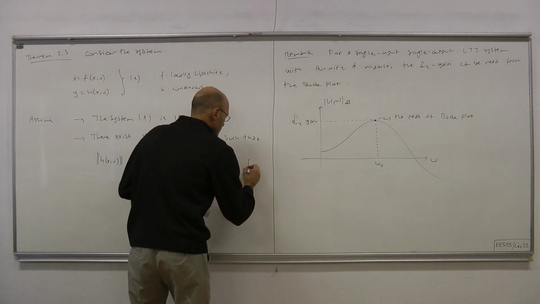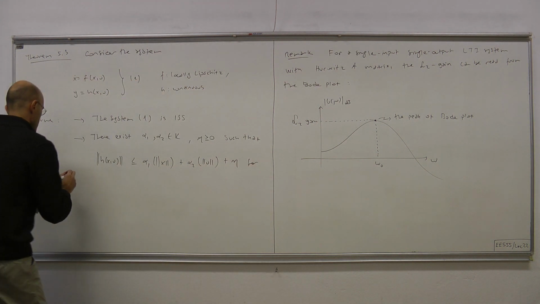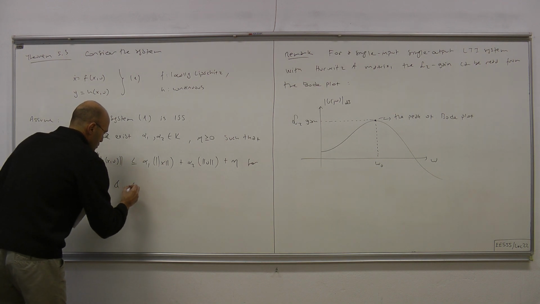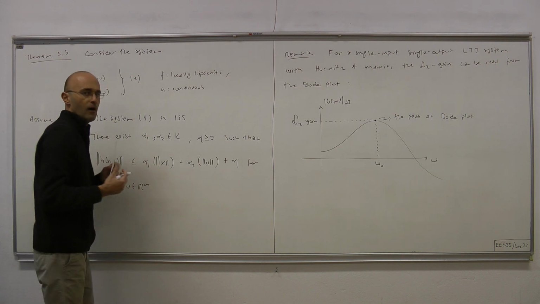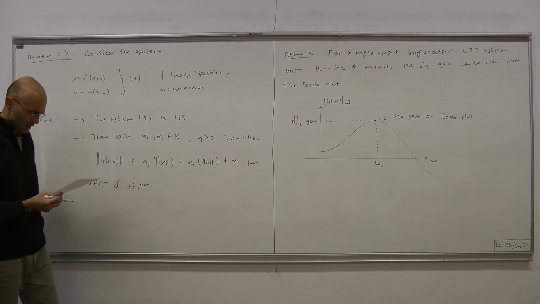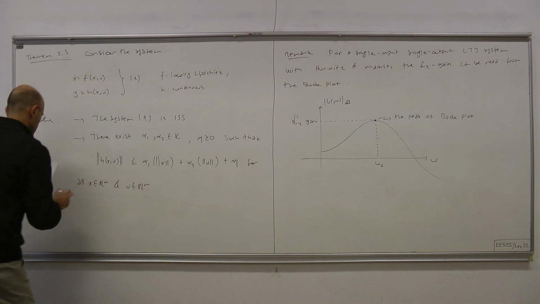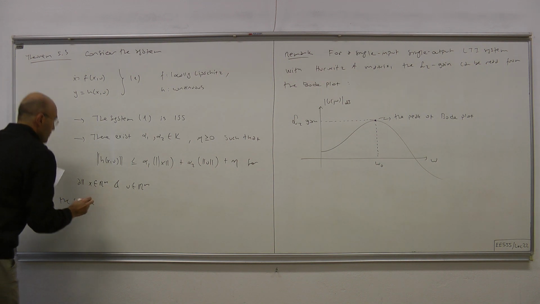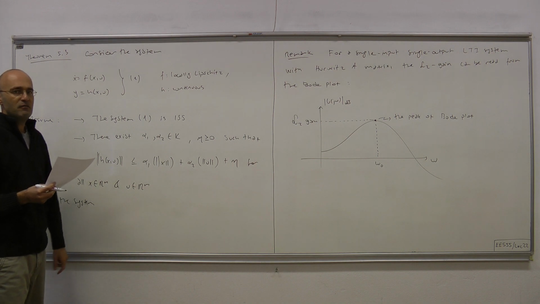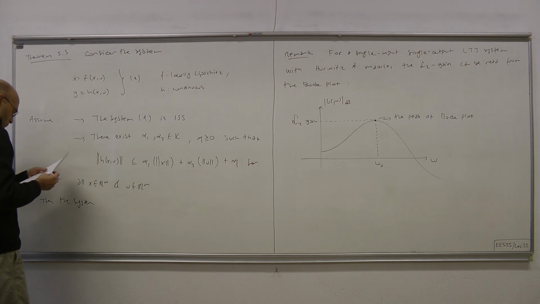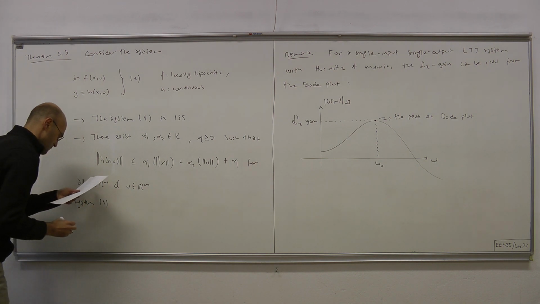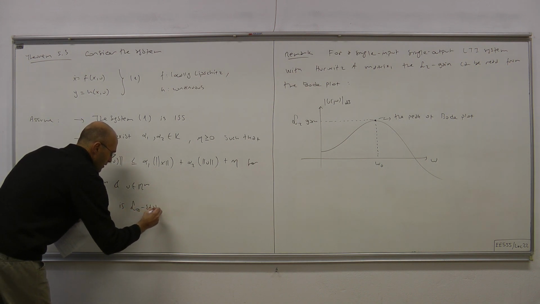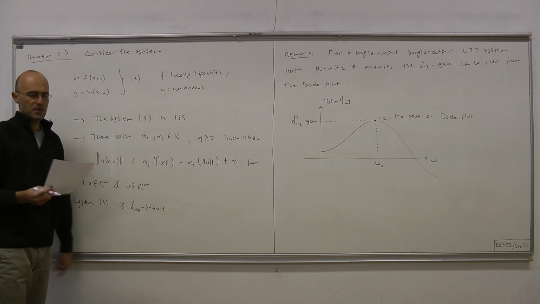This holds for all x in R^n and u in R^m. Okay, for all x and u. Then our system has to be L infinity stable. System 1 is L infinity stable.